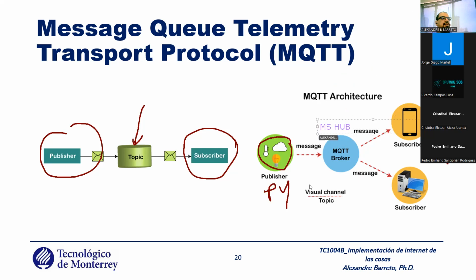I cannot remember the name of the Python code, but you have a Python code that sends the temperatures, if I'm not wrong, and you have another Python code that reads what you publish.